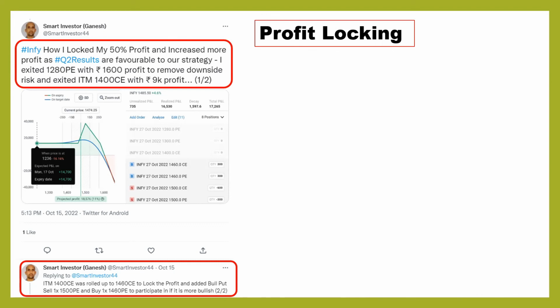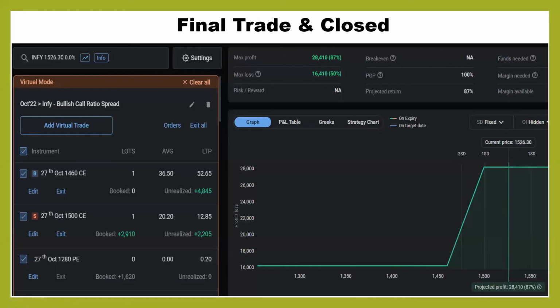That's called profit locking. So the final trade, after all the legs adjustment, all those things, what has happened, right? I closed the bull put, I closed all the unnecessary things, cleaned up, and I wanted to stay in the trade for a longer time.